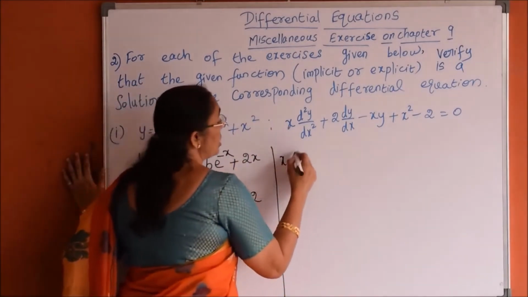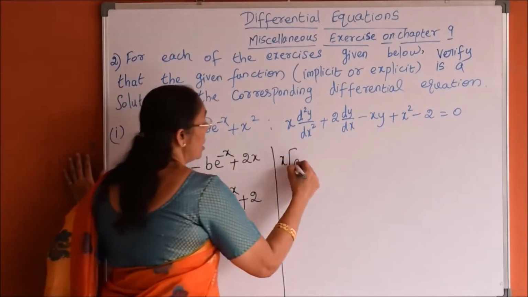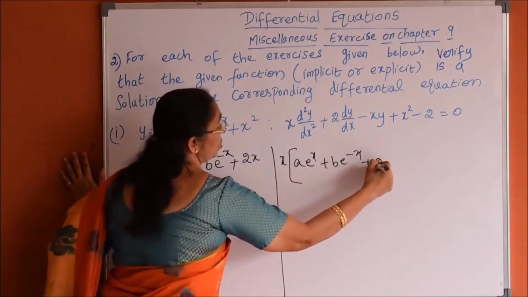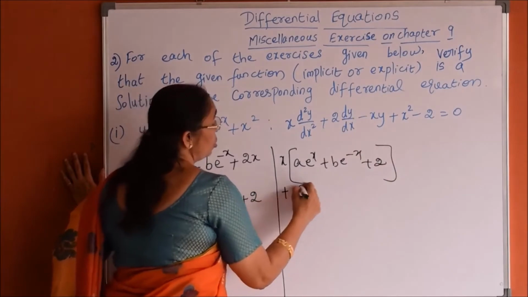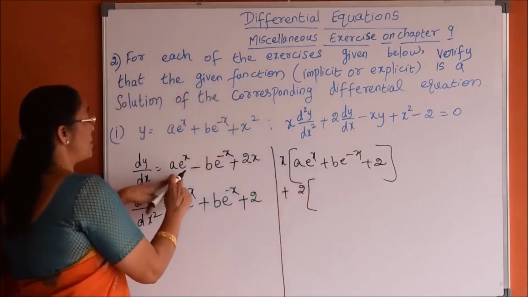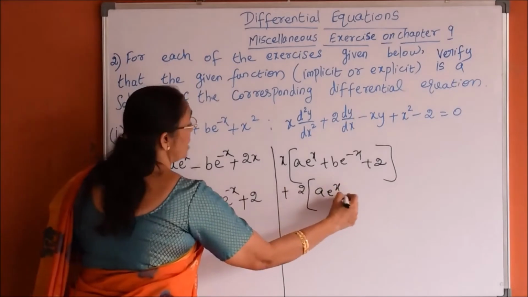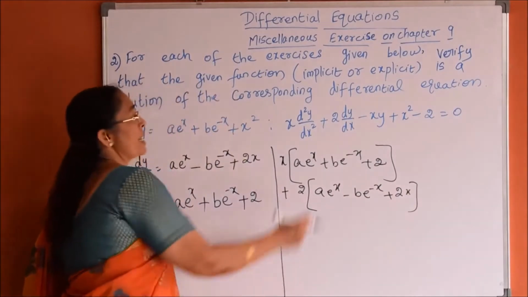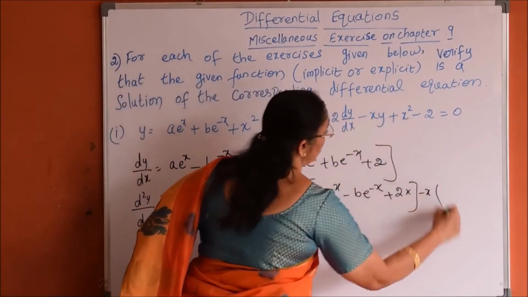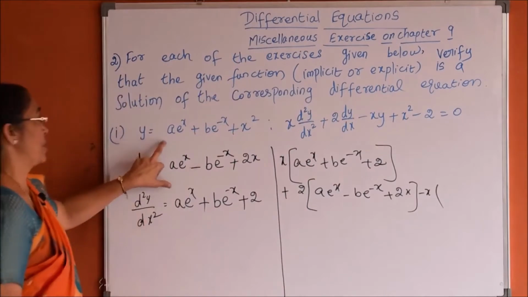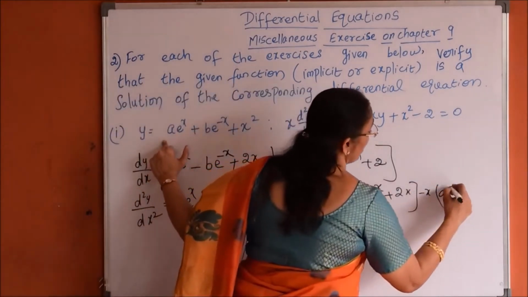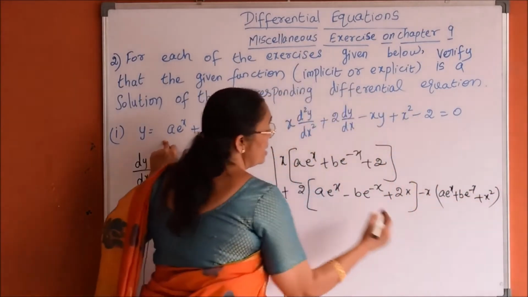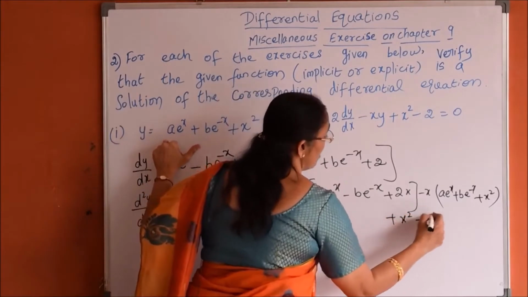X into d square y by dx square, which is a e power x plus b e power minus x plus 2, plus 2 times dy by dx, which is a e power x minus b e power minus x plus 2x, minus xy, where x into the y value is the given equation a e power x plus b e power minus x plus x square, and lastly minus 2.